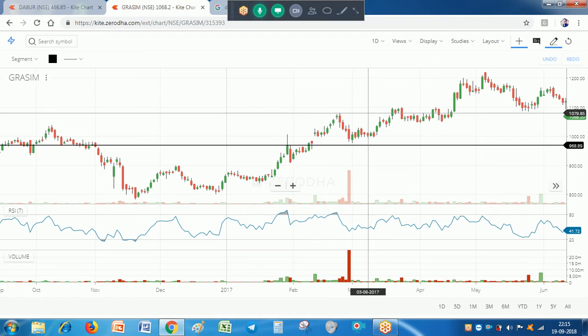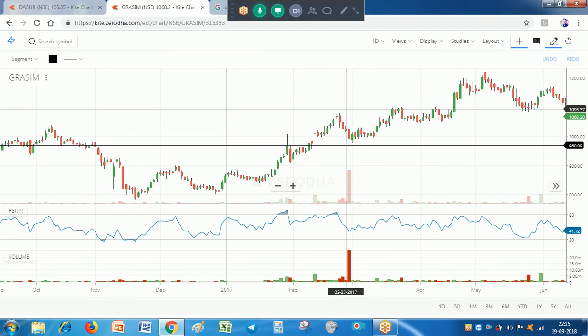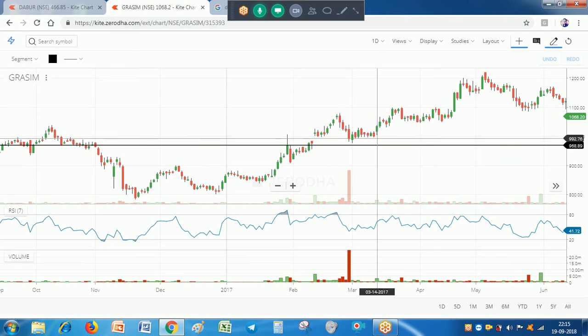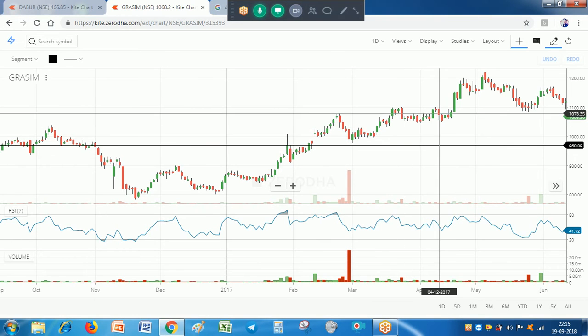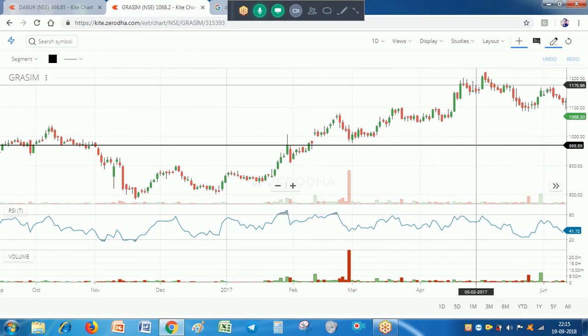It has an ascending triangle, friends. The ascending triangle is here because this level is approximately equal and the lows are getting higher, and this is a breakout candle. After that, the stock moved up.